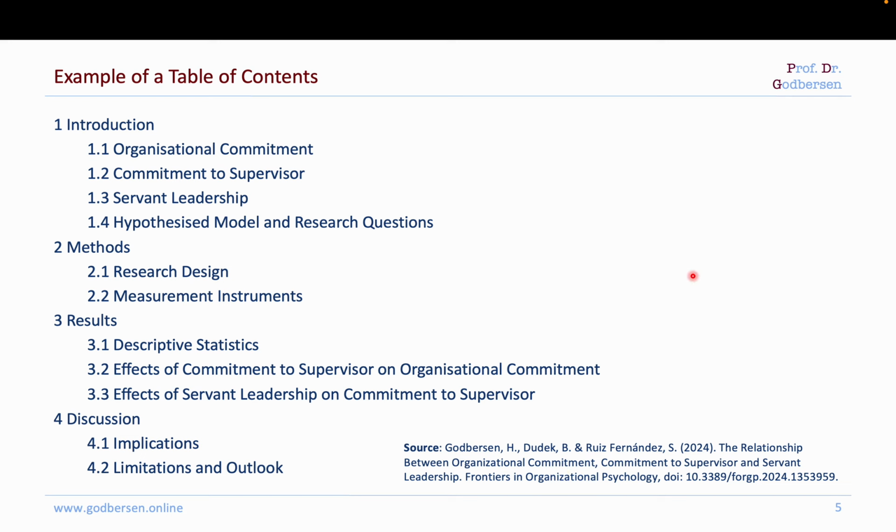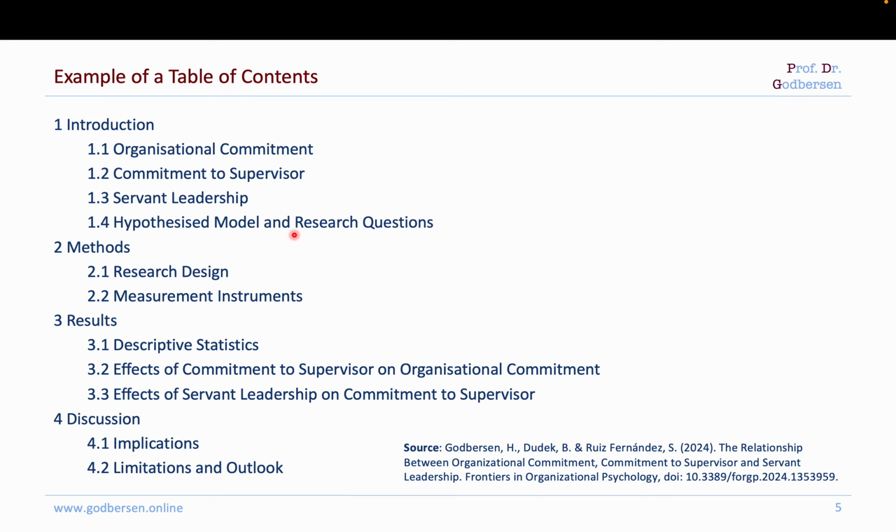So, my co-authors and I introduced organizational commitment, commitment to supervisor, and servant leadership. We clearly defined the constructs and reported the state of research. What did other researchers find with regard to these constructs?